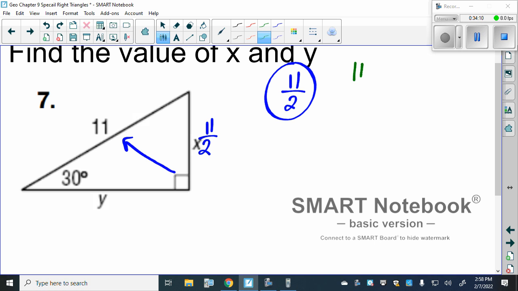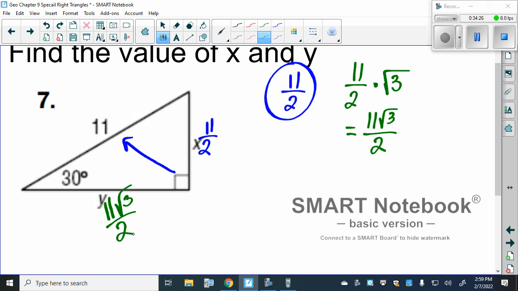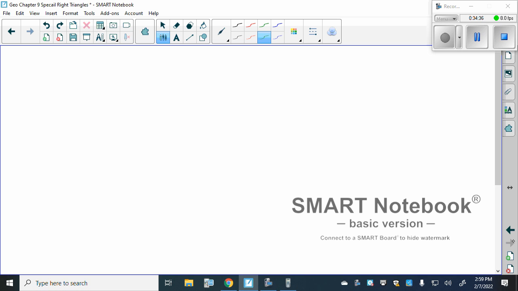Now to get to the long side, we take 11 halves and multiply it by square root of 3, which would be the answer. Any questions over any of these here? And I believe that is the last one.